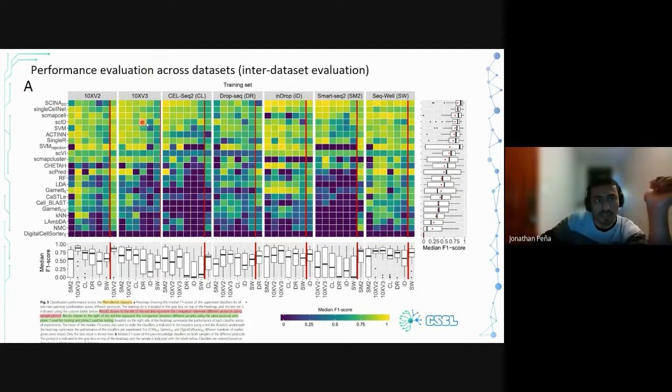In this case, they observed that, for example, this CINA method was correlated with the best performance, and SingleCellNet also obtained a good performance.